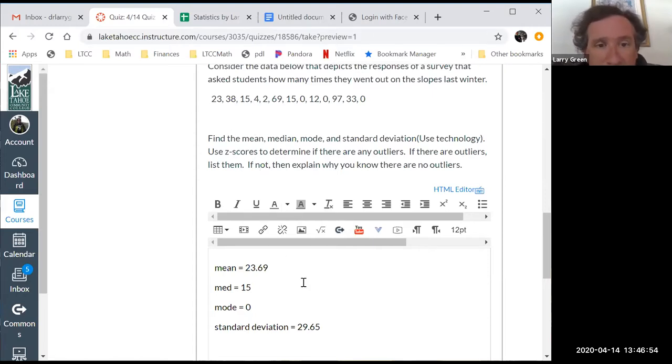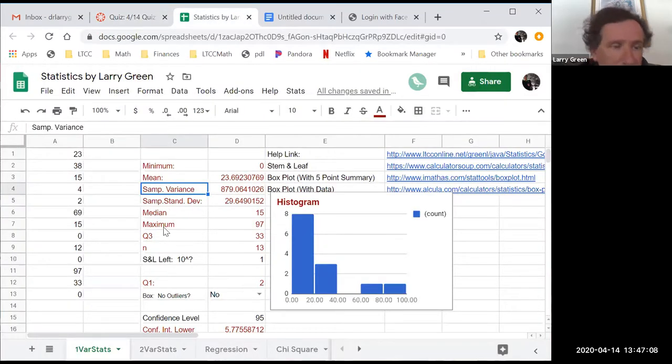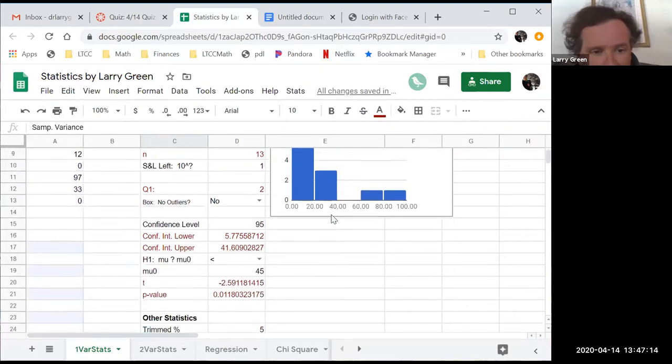Okay, now notice it says use z-scores to determine if there are any outliers. If there are outliers, list them. If not, explain why you know there are no outliers. So what we're going to do is we want to look at the high numbers. First, on the low numbers, the minimum is 0. So let's go.